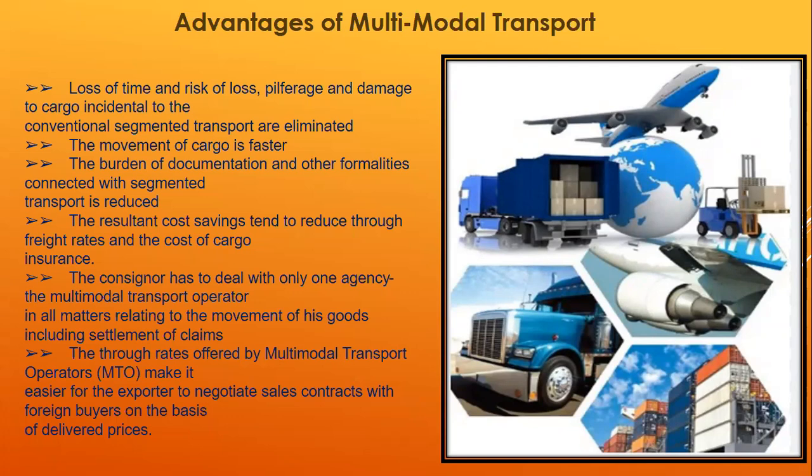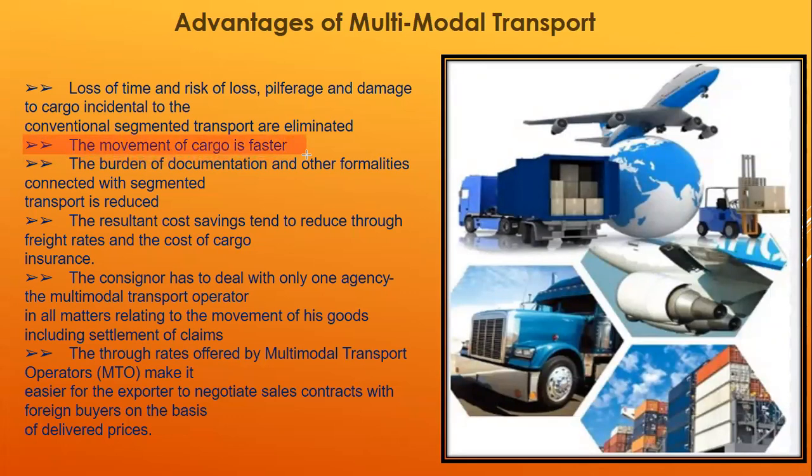So all the risk will transfer to the transport company or agent. Point number two, the movement of cargo is faster. Why? Because the company has a bulk of cargo, so they arrange the transportation as per the availability of transport.